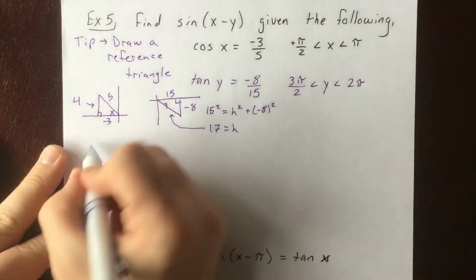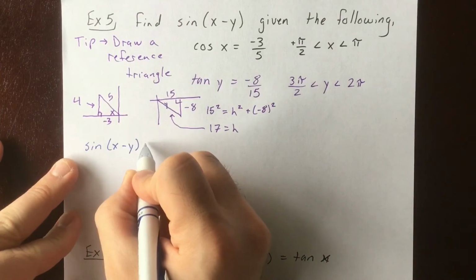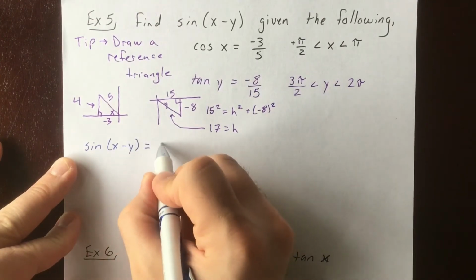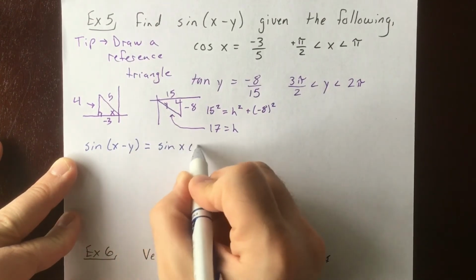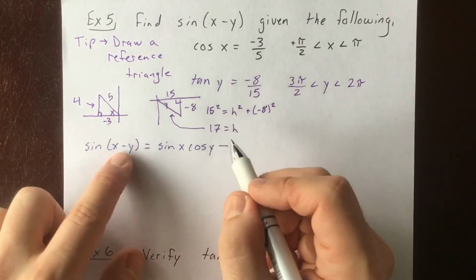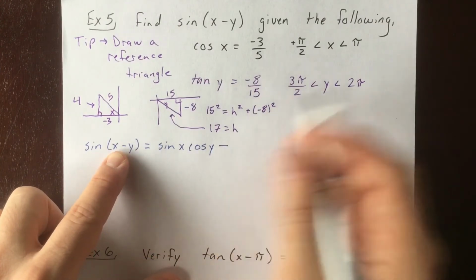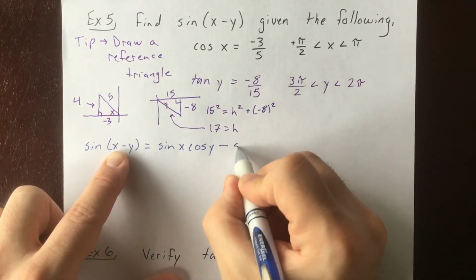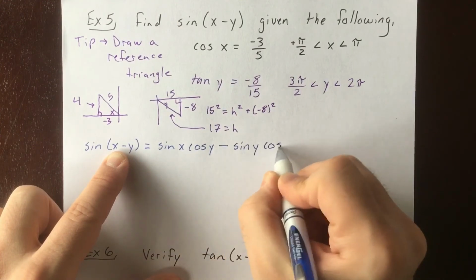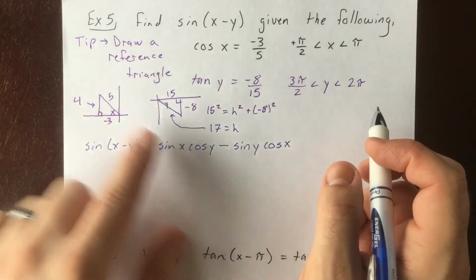So sine of x minus y, using our identity, would be the same as sine of x cosine y, minus, since the signs are the same, sine of y cosine of x. So now we can find the sine of x.